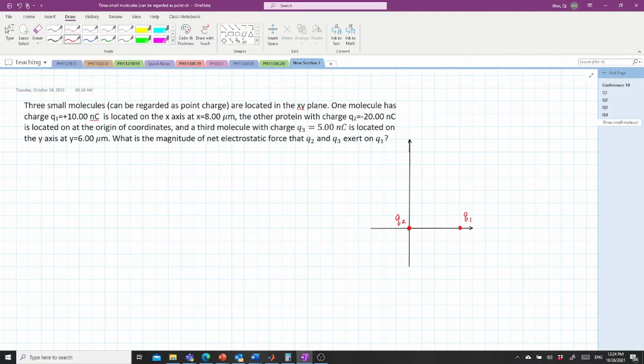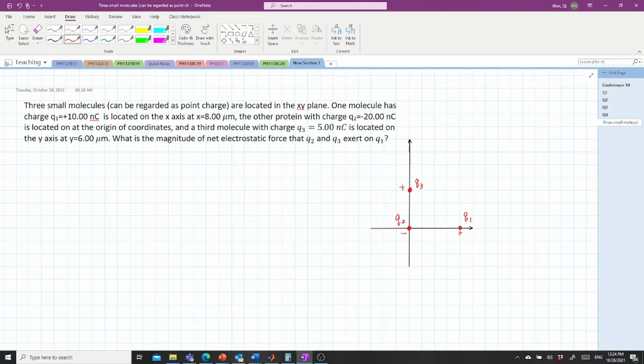And the charge Q3 will be on the y-axis at y equal to 6 micrometers: 2, 4, 6. This will be Q3. We also note that charge Q1 is positive, charge Q2 is negative, and charge Q3 is positive.